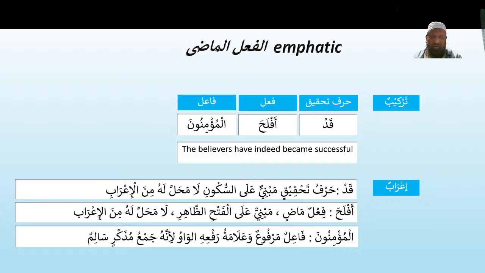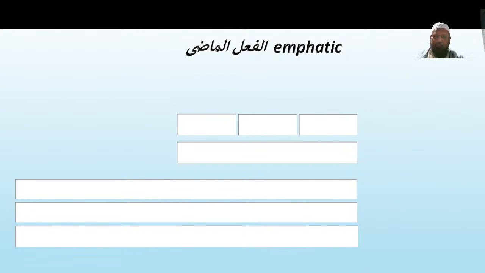This is the language they use. أفلح. فلاح, I don't know. I never came across it. I think I need to research about فلاح. Yes, أفلح, to become successful. Let's move on. Next one.